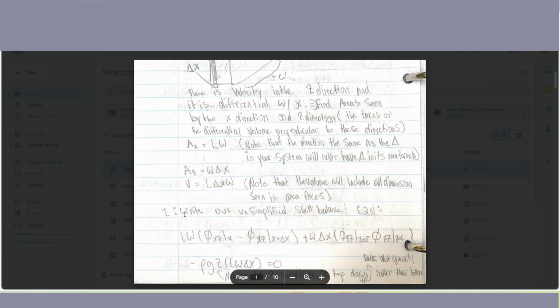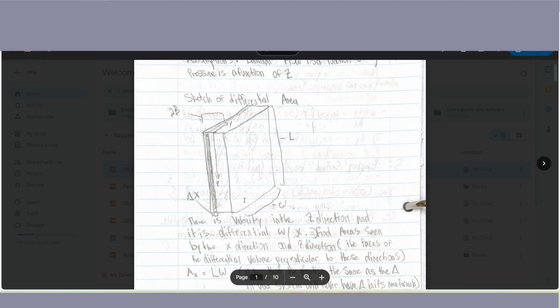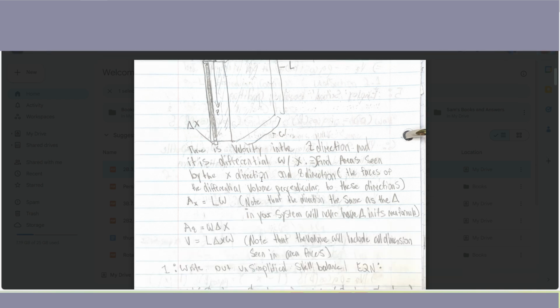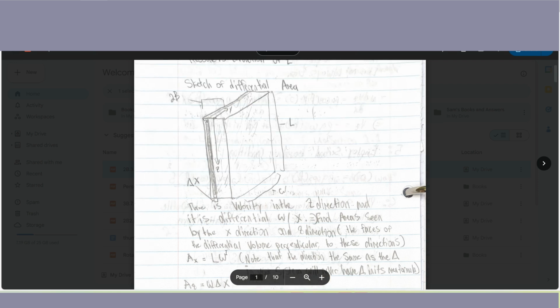And then just the standard momentum flux terms: in minus out at z equals 0 and z equals L, and then at x equals x and x equals x plus delta x.